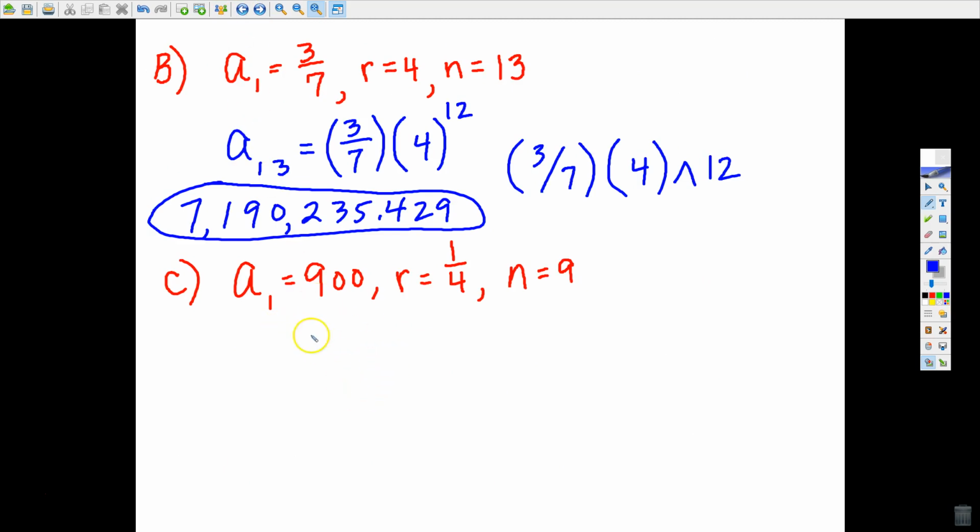Find the 9th term. A sub 9 is equal to the first term times R raised to the n minus 1 power. So we're going to raise it to the 8th power.